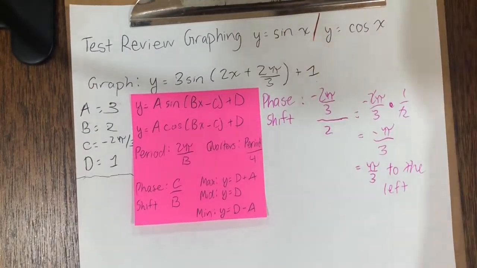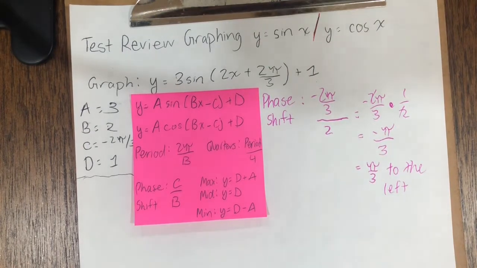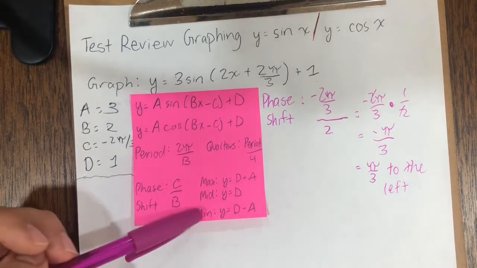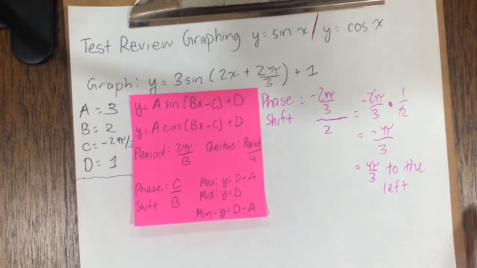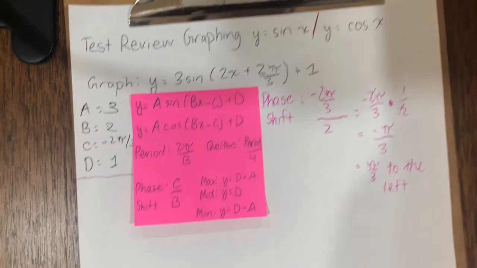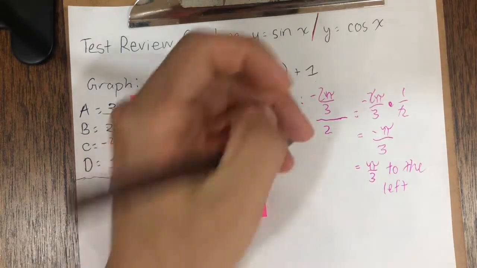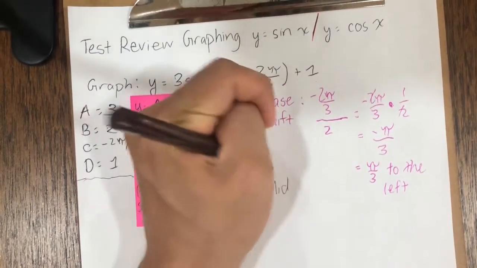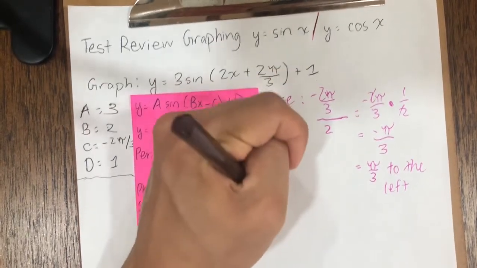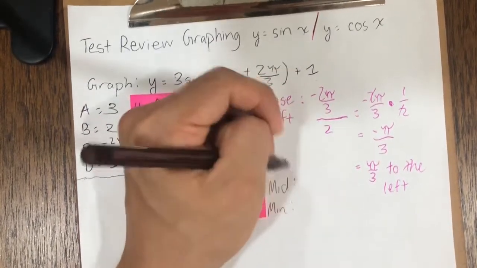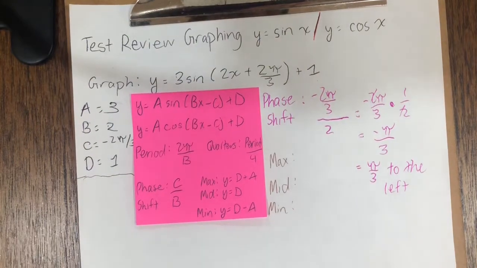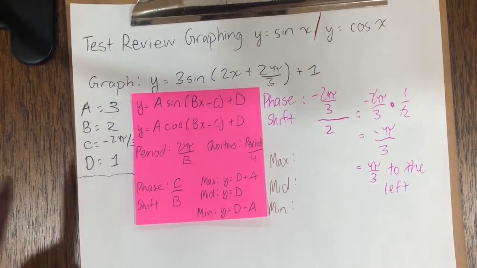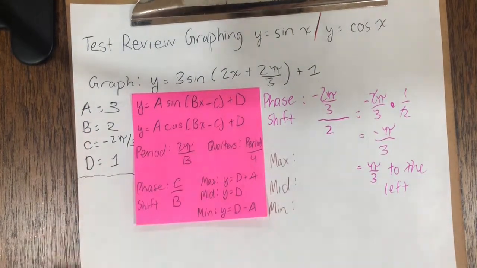Okay, so now we just have one more, which is to figure out the midline, the max line, and the min line. So we have mid, max, and min. Usually with the mid, I take whatever my value for D is, and that's going to be my midline.